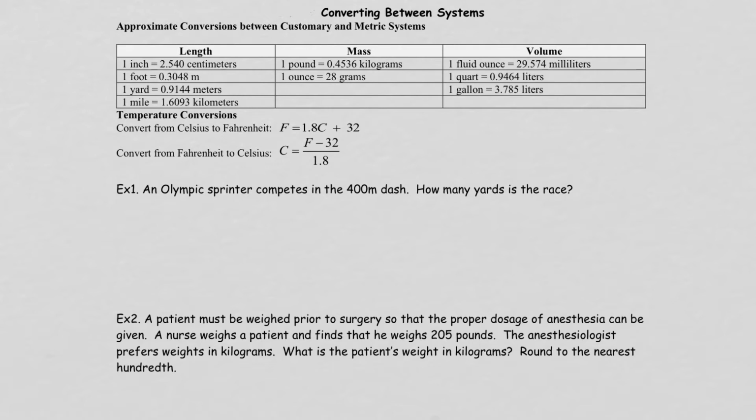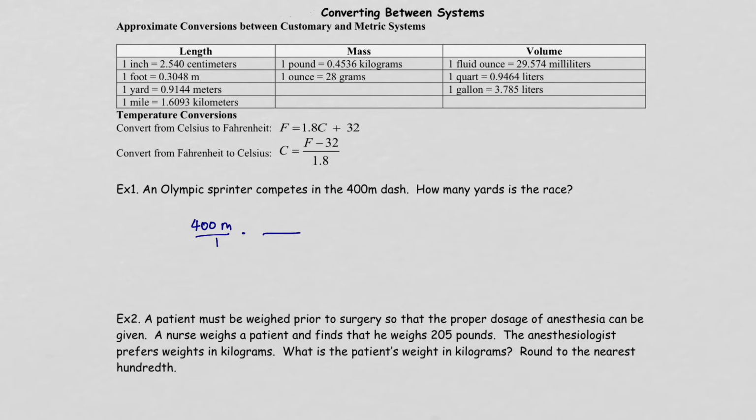First example, you have 400 meters and you're trying to compare that with yards. So 400 meters over 1, and you need to multiply.